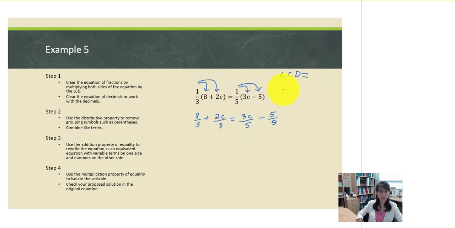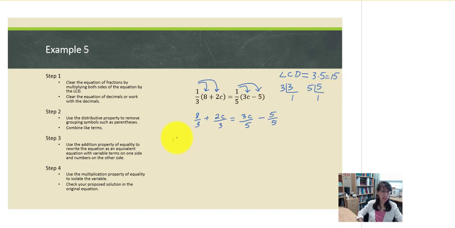So one denominator is 3, the other denominators are 5, and if I try to divide these, well, they're only divisible by themselves. So they already are prime numbers, and they're different from each other. So 3 times 5 means 15 is our lowest common denominator.